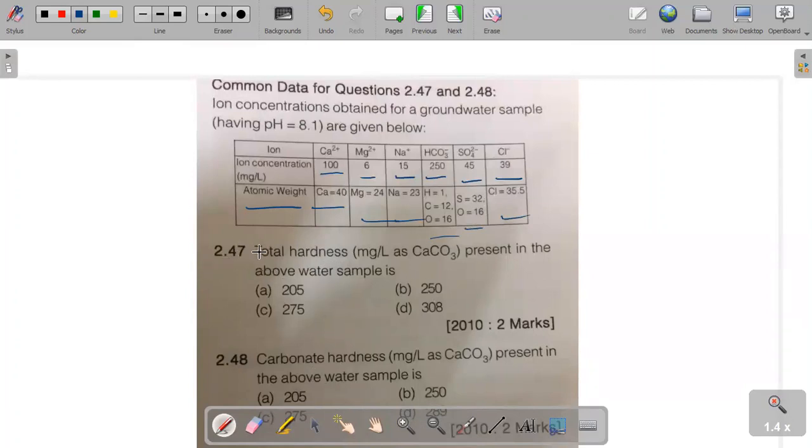So let's see the first thing, in question 2.47, that we need to find total hardness as milligram per liter as CaCO3 present in the above water sample. Again, hardness is caused due to Ca2 plus and Mg2 plus.